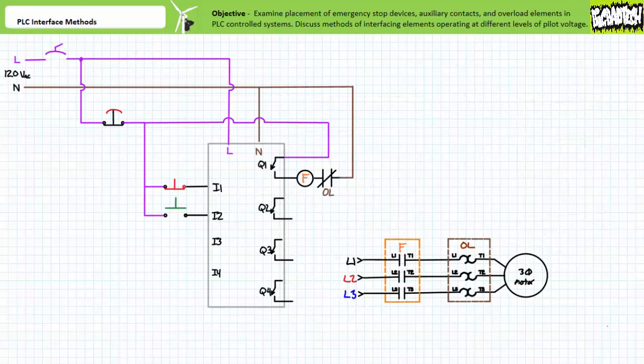Moving on. Let's now examine the placement of auxiliary contacts and overload devices in PLC-controlled motor starters. PLCs, among their many virtues, often include the ability to make use of virtual relays and their associated instructions, software-generated output instructions, and set and reset functions to create holding circuits that maintain or remember the last asserted state using purely virtual feedback.